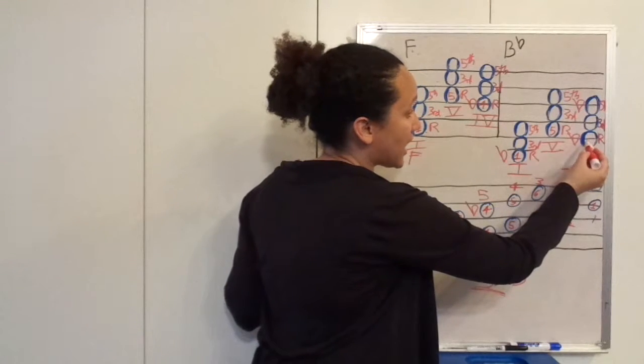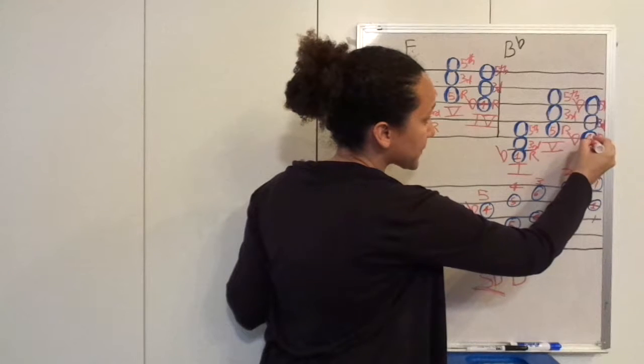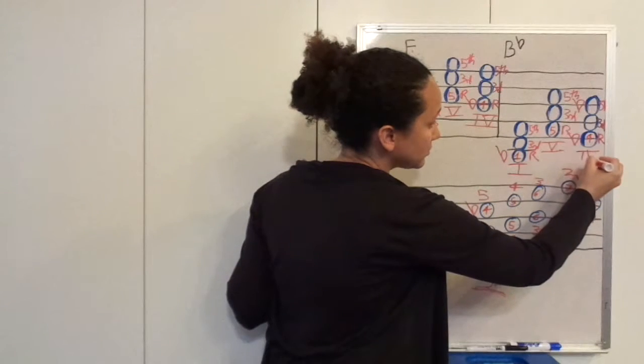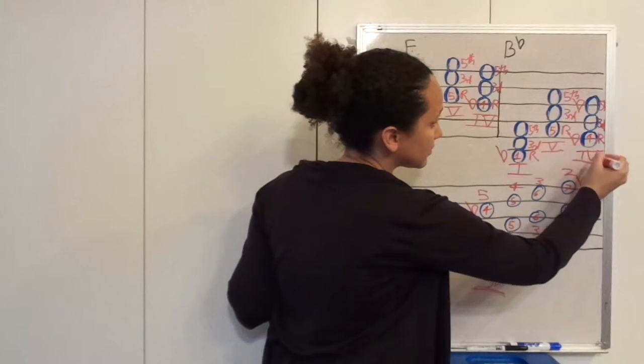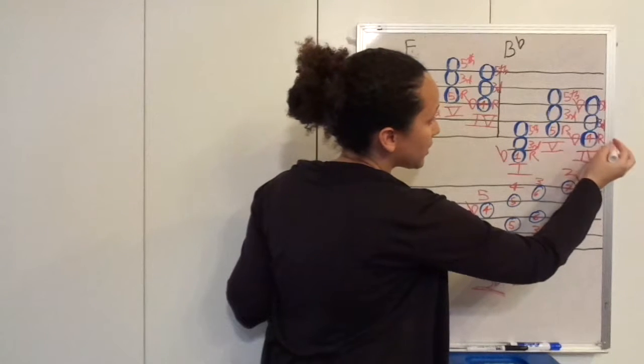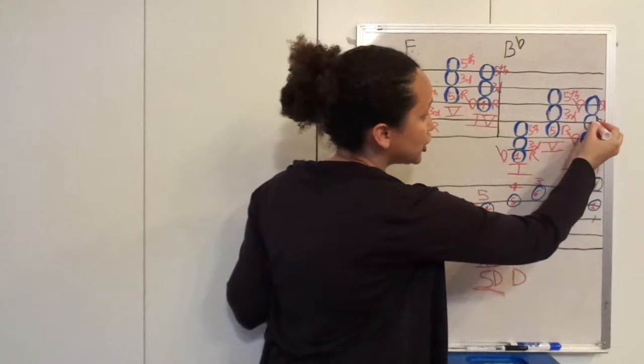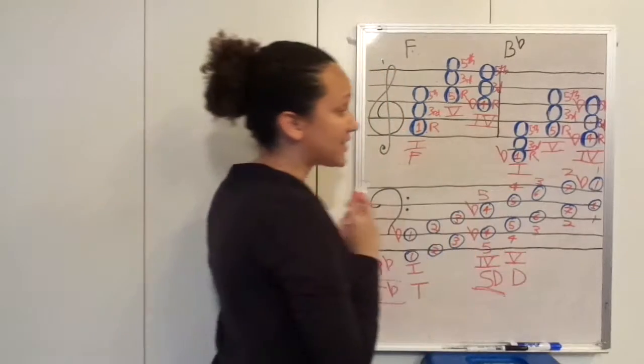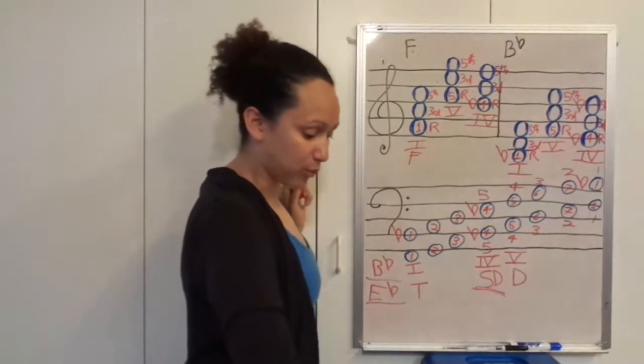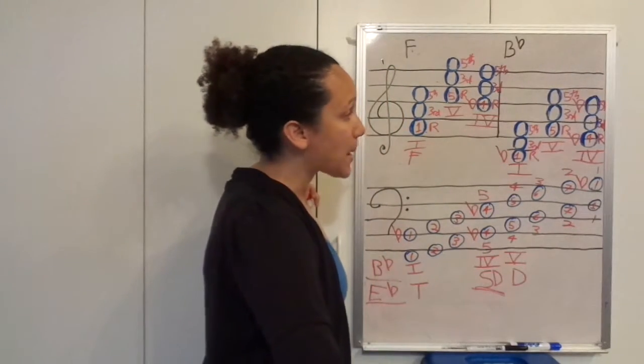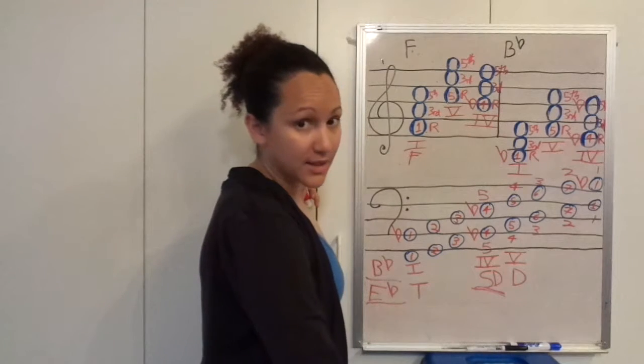So we now have E flat, there we are. We now have E flat, G, and B flat, and that gives us our subdominant or 4 chord. E flat, G, B flat.